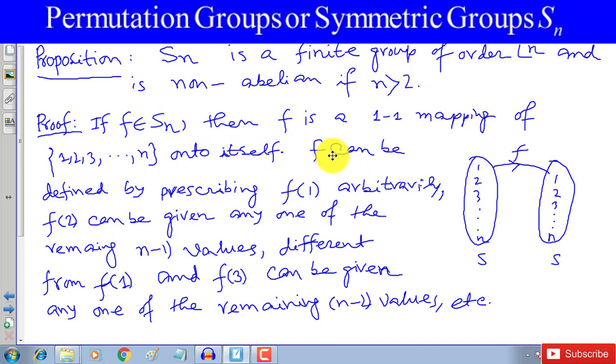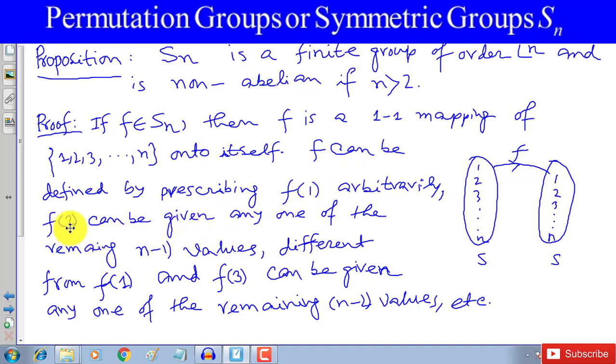f can be defined by prescribing f(1) arbitrarily, that is, f(1) can be chosen in n ways.